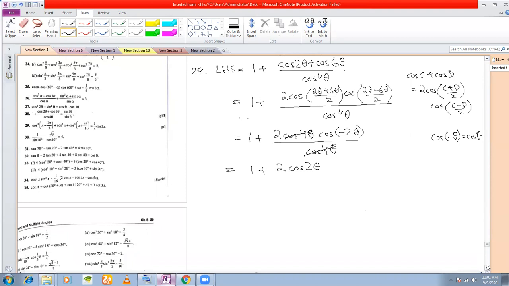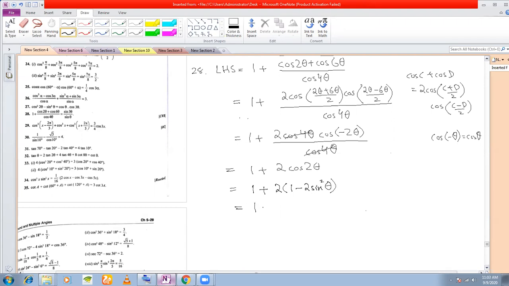So that means 1 plus 2 cos 2 theta, the cos 4 theta cancels. Now you know that cos 2 theta is 1 minus 2 sine square theta, right?